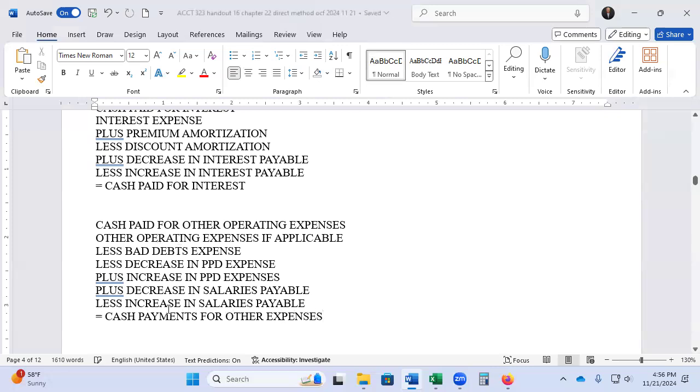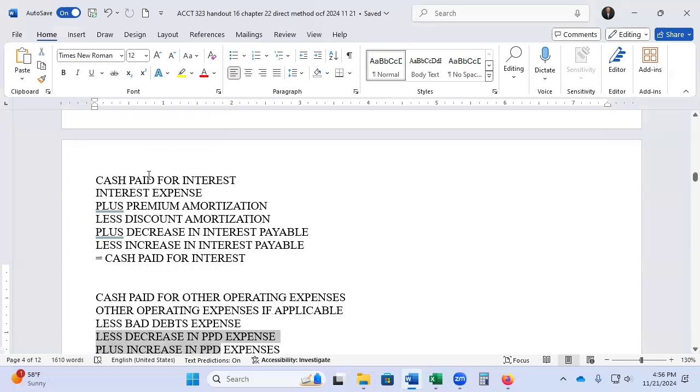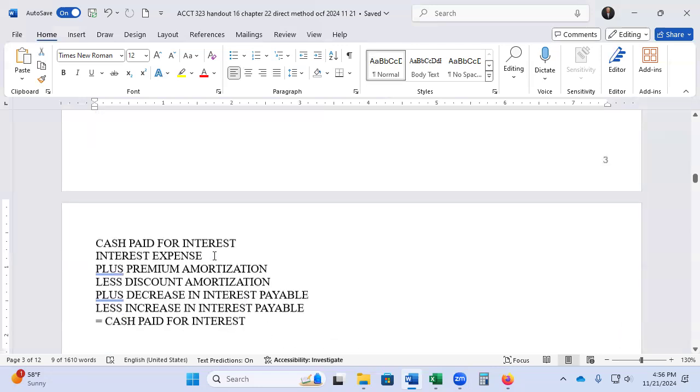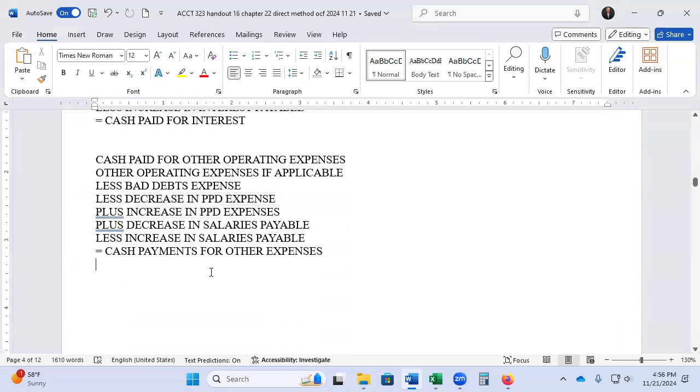So what you want to make sure though is that you don't count the same changes in prepaid expenses in both cases. So if you used your prepaid expenses up here that are related, you wouldn't use them down here in the other.